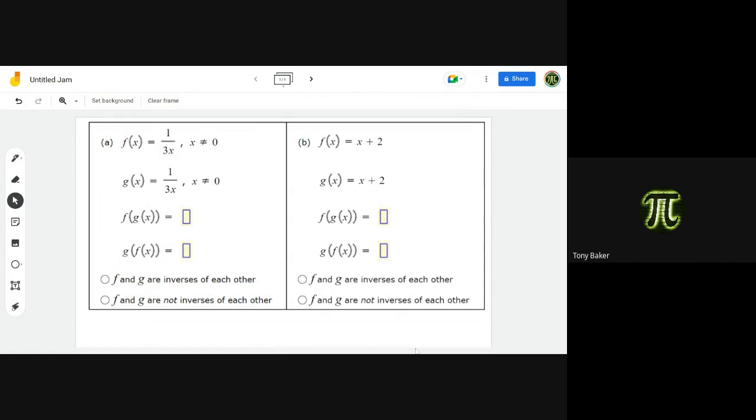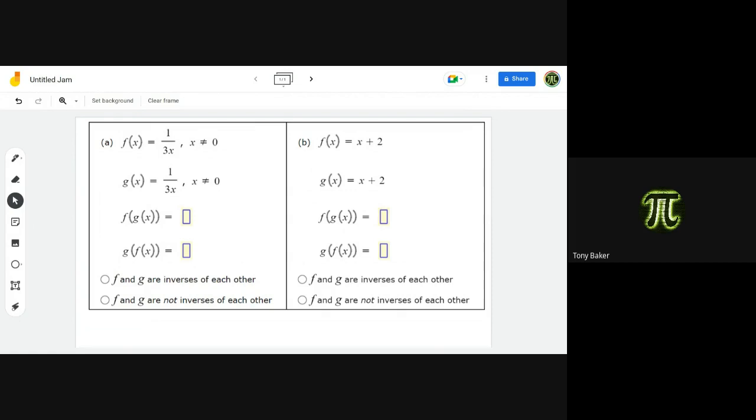All right. So are these inverses of each other? When you're looking at inverses, we're going to be doing those composite functions, where we see f of g of x and g of f of x.